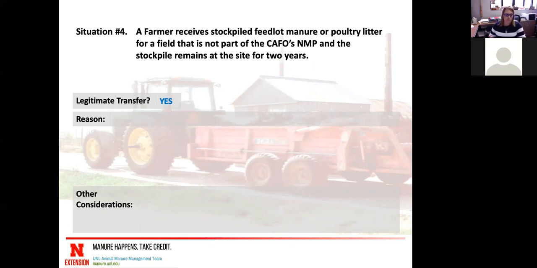The farmer received that manure. He or she requested X number of tons placed at the edge of their field with the intent that when crops were harvested, that manure would be spread. So the CAFO operator doesn't have control of the manure or the land that's receiving it, so that is a transfer.